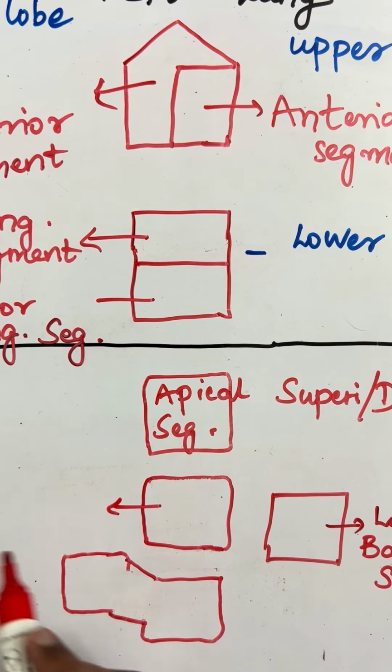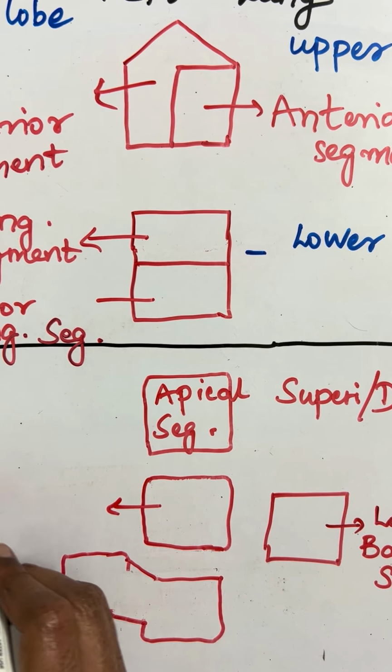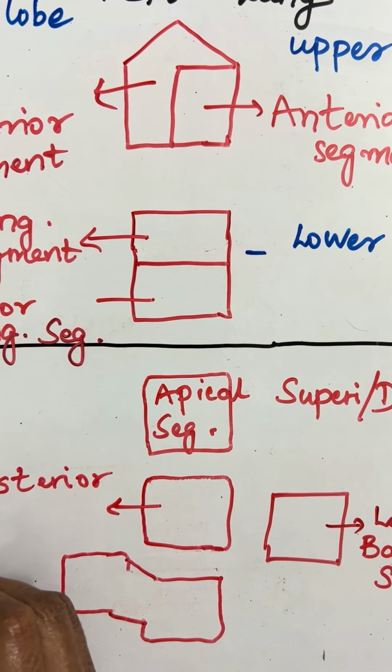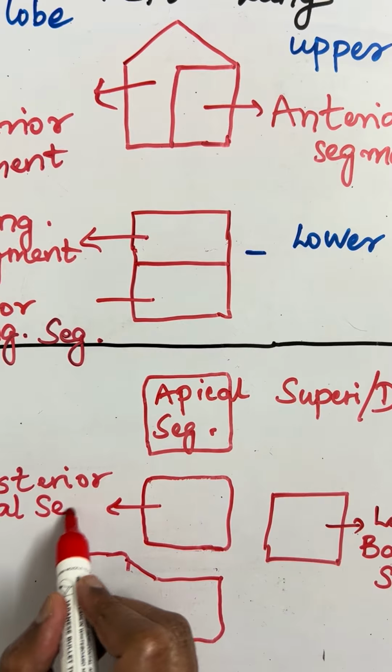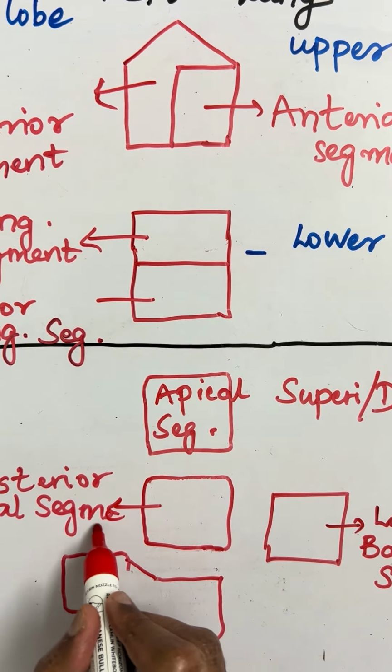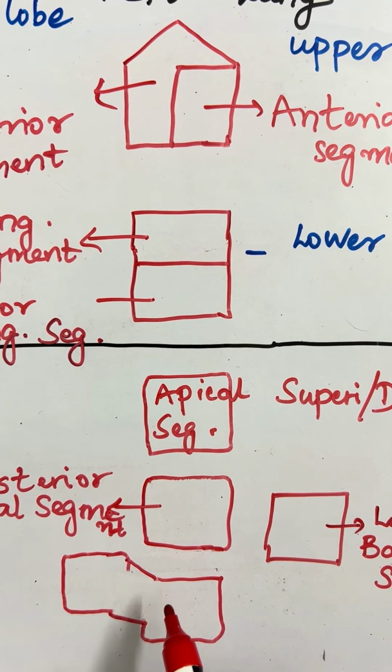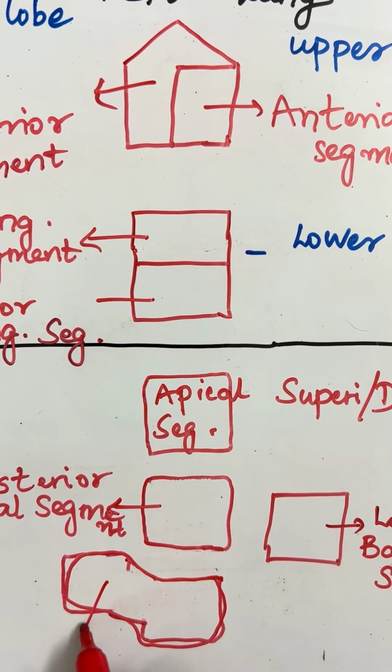This one will be the posterior basal segment. There is no separate medial segment of the left lower lobe. This together is called the anterior medial basal segment.